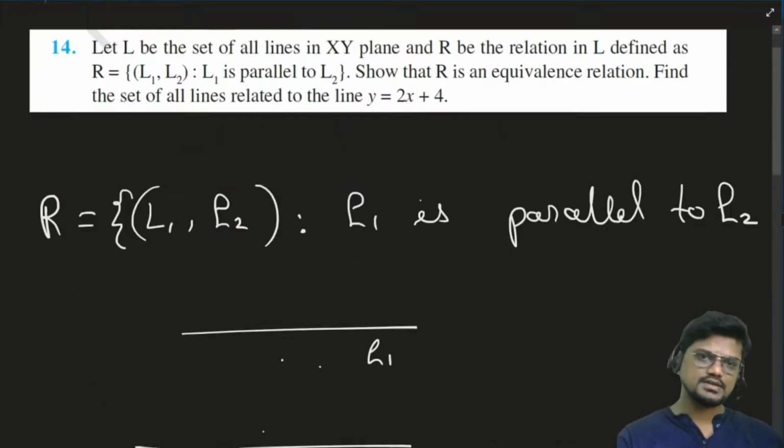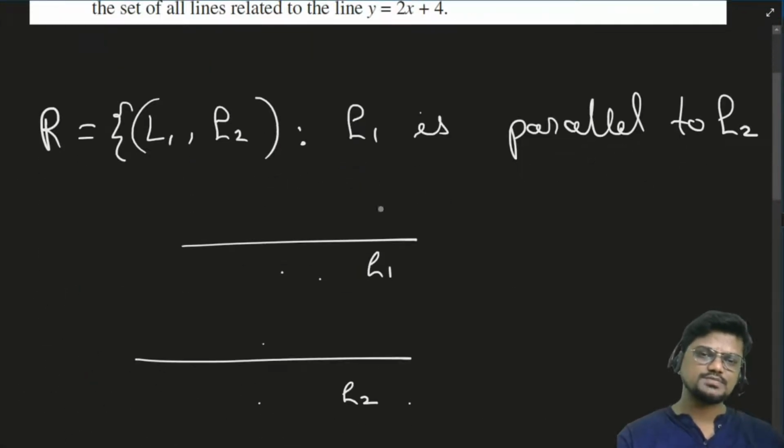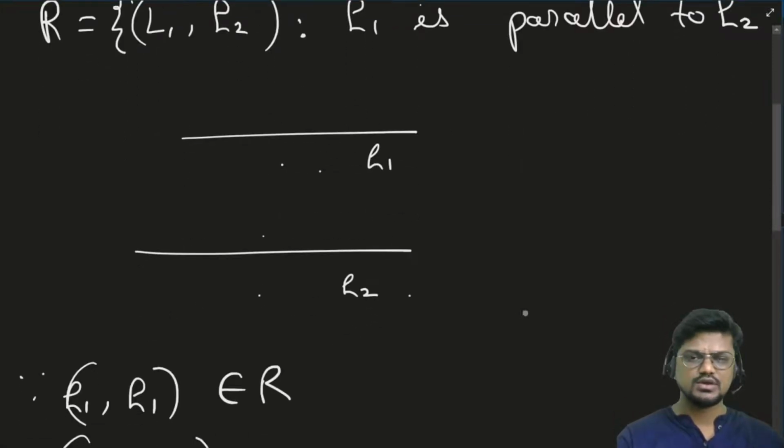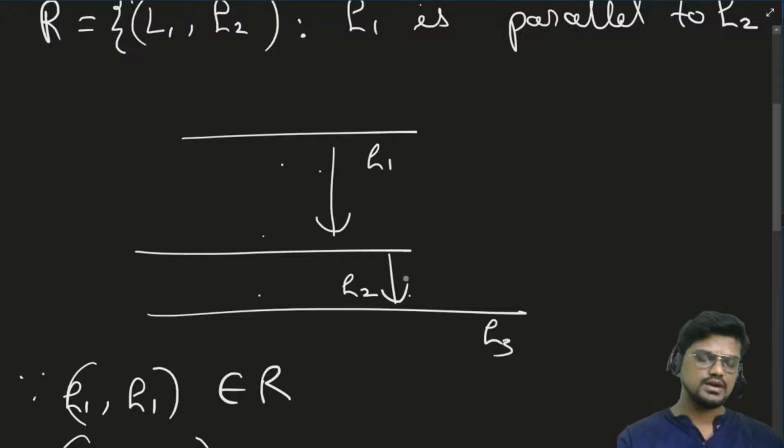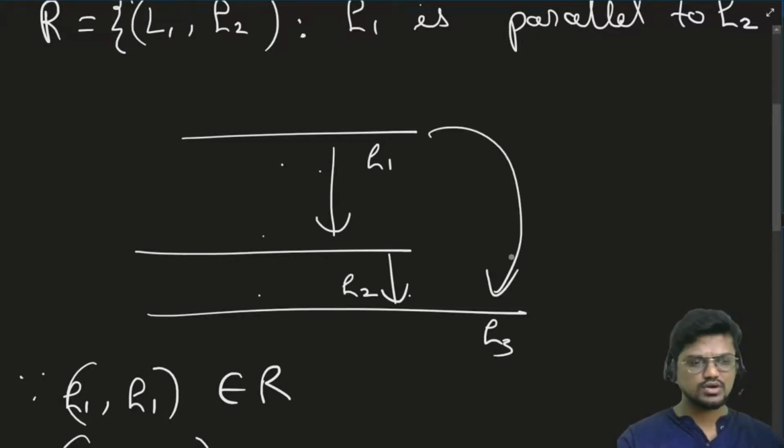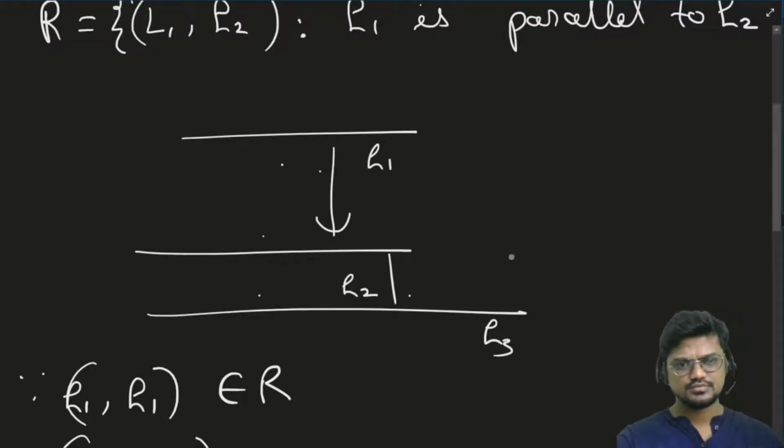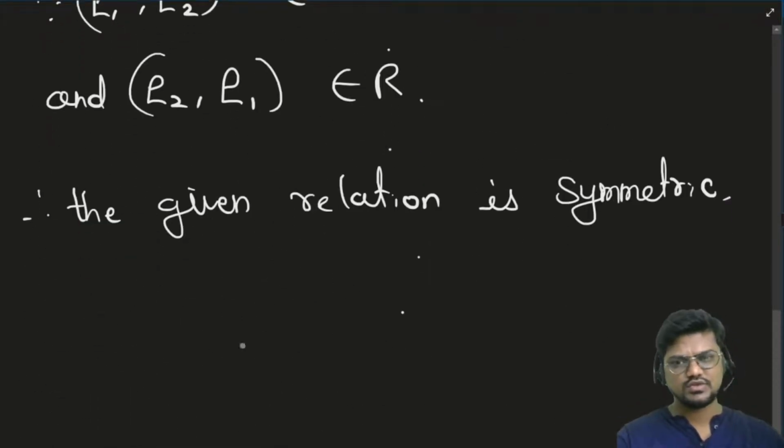Fine. Next, if L1 is parallel to L2 and L2 is parallel to L3, can I say L1 is parallel to L3 also? Yes, I can say. Therefore the given relation is transitive also.